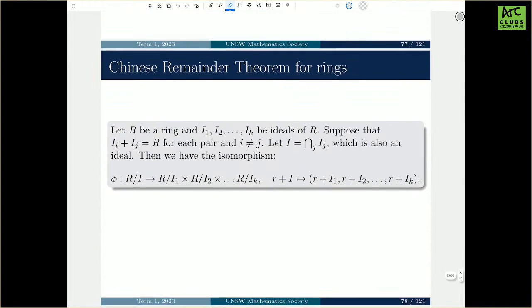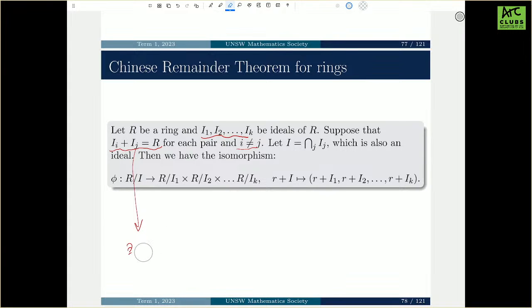Chinese remainder theorem for rings. If R is a ring and you have a bunch of ideals in R, such that if you take any two distinct ones, their sum is R. You can also think of this as similar to coprimality: there exist i in I_i and j in I_j, or elements r and s in R, such that ri + sj = 1.